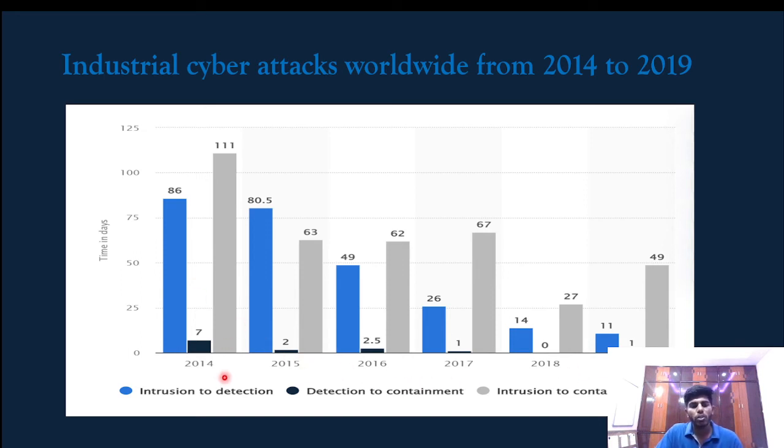We see the intrusion to detection also decreasing to the least. And if we see the detection to containment, it's almost less when compared to 2014 to 2019.